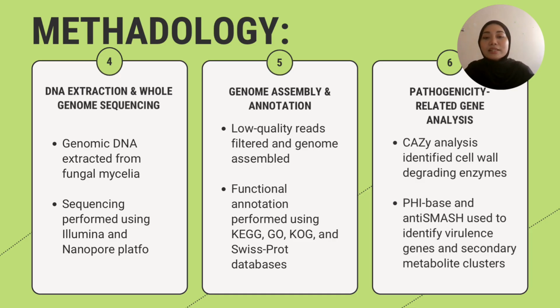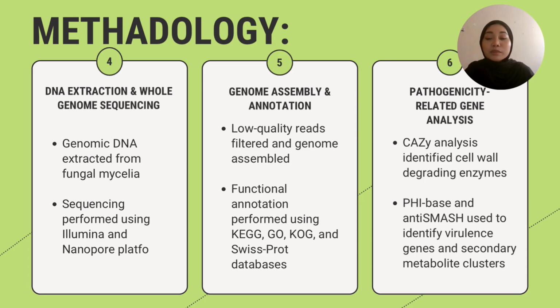After sequencing, the researchers carried out genome assembly and annotation. Low-quality reads were filtered out before assembling the genome. Functional annotation was then performed using databases such as KEGG, GO, KOG, and SwissProt. These databases help predict the functions of genes and identify metabolic pathways and cellular processes in the fungus.